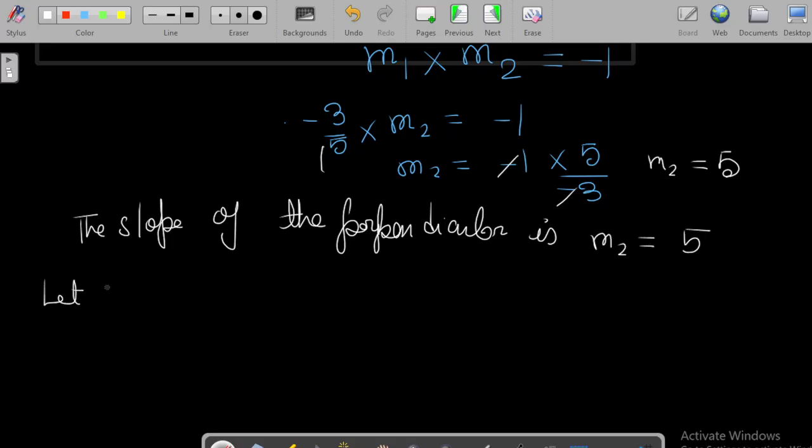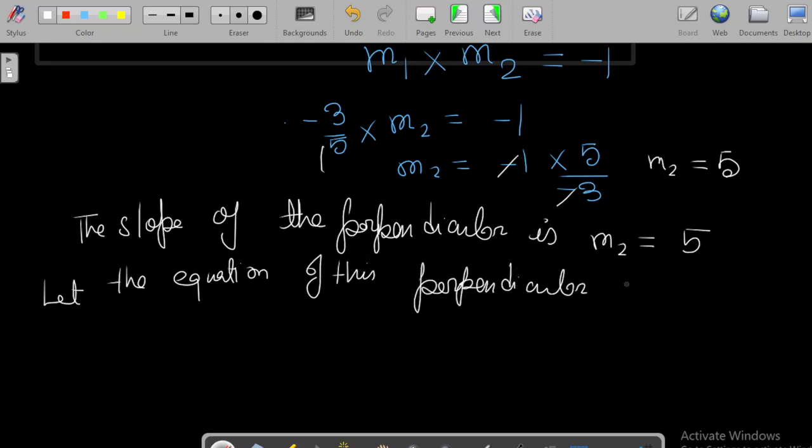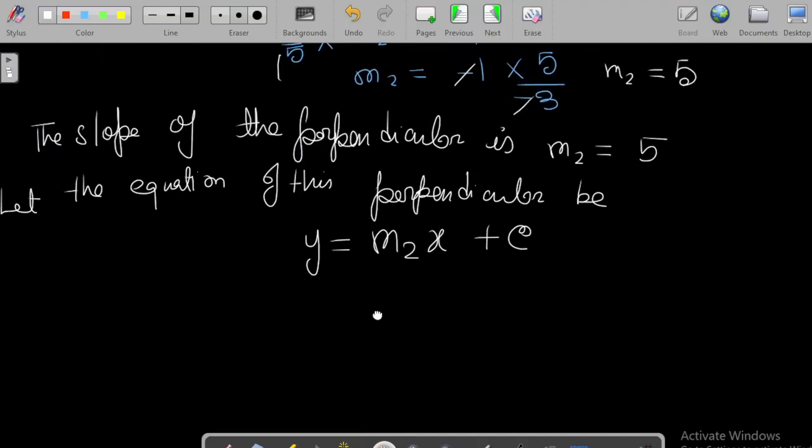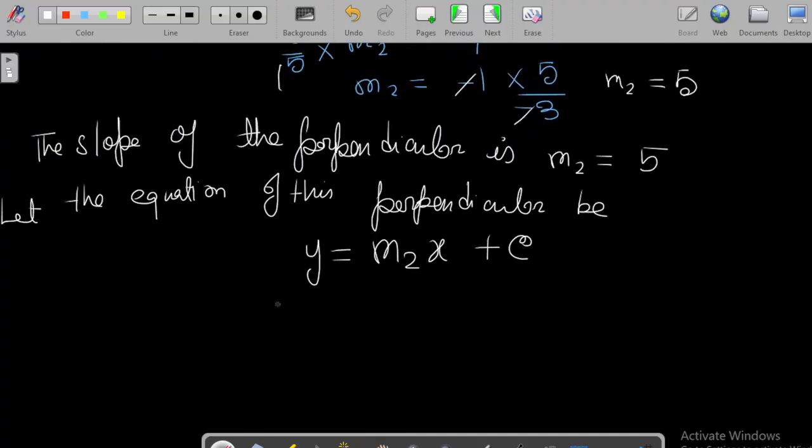Let the equation of this perpendicular be y equals m2x plus c. So it basically becomes y equals 5x plus c.